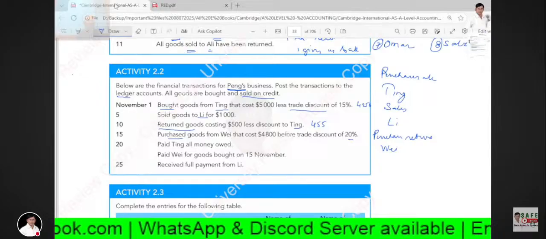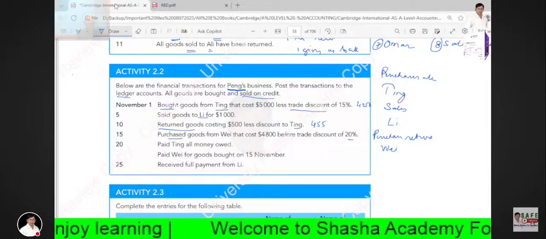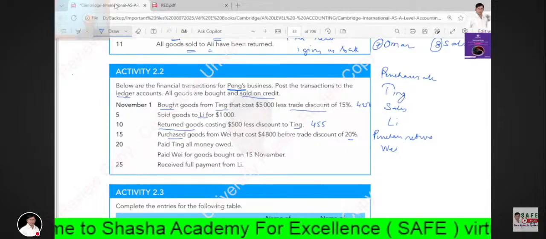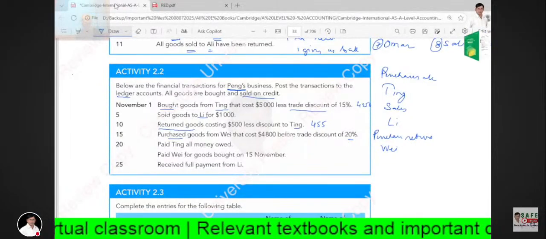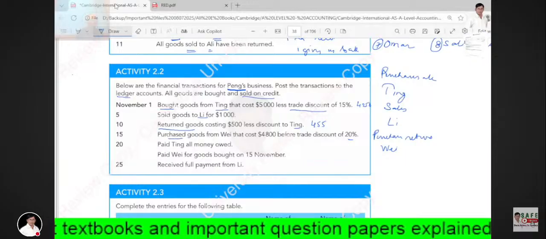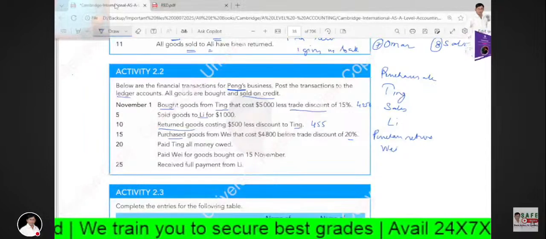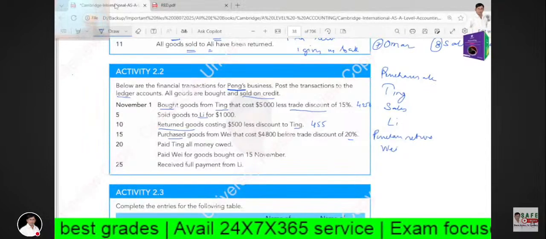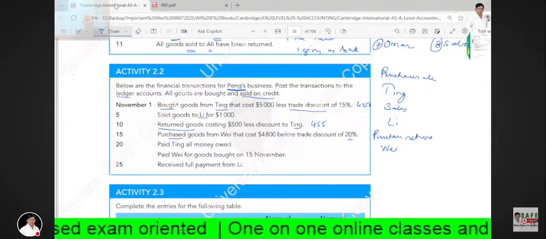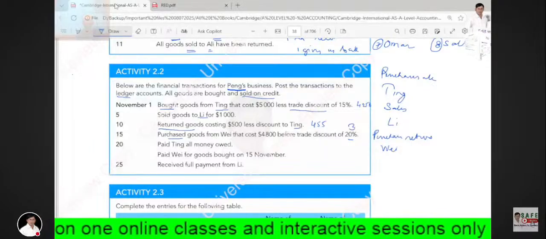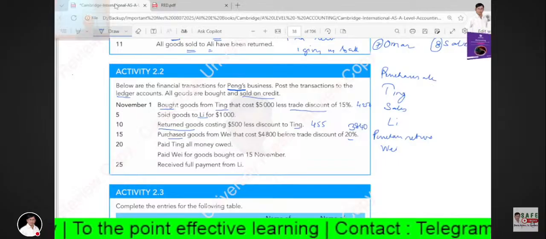So this should be recorded at 4,800 minus 20%, which is 3,840. You have to record it at 3,840.